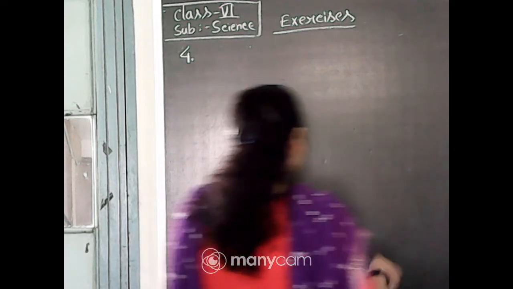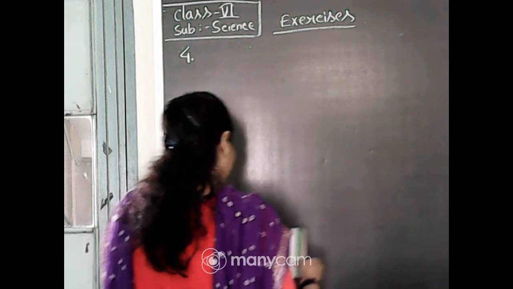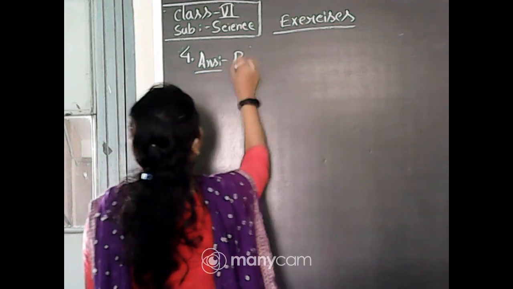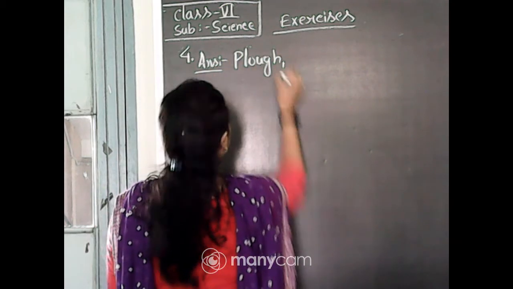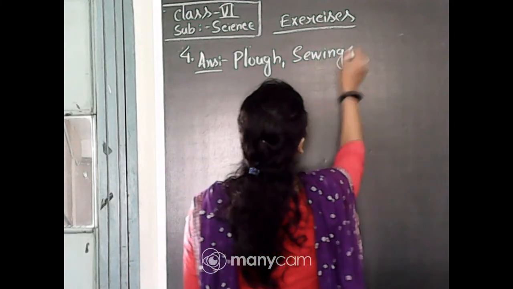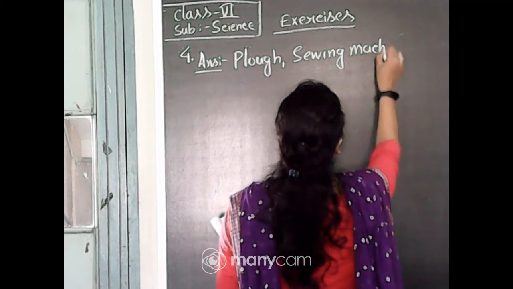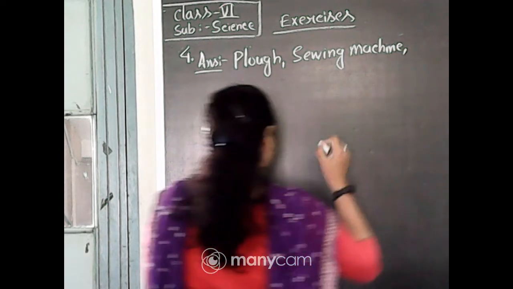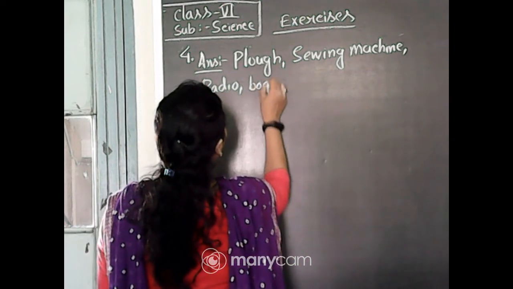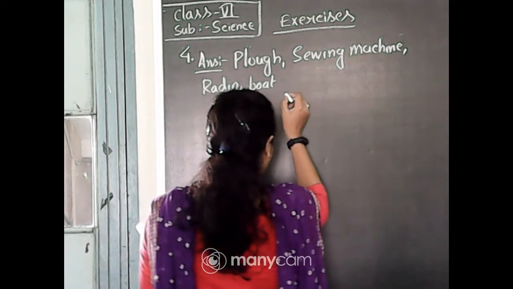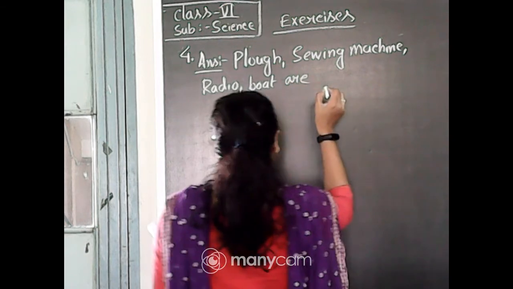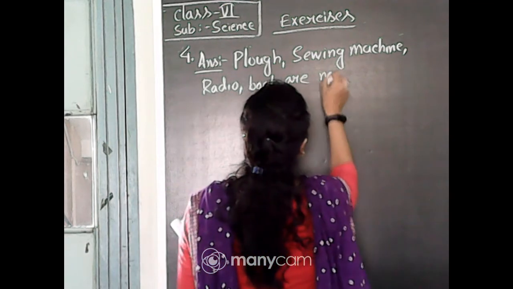So you can write plow, sewing machine, then radio, boat, are non-living.